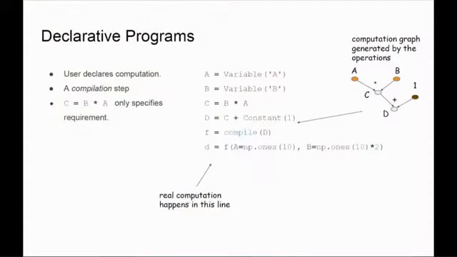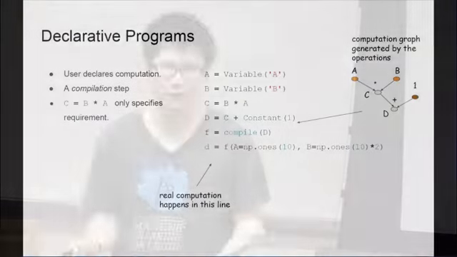On the other hand, another, more typical way in most deep learning platforms is called declarative programming. In declarative programming, you first declare the computations you want, and then you send those computational graphs to a compile function or some equivalent.